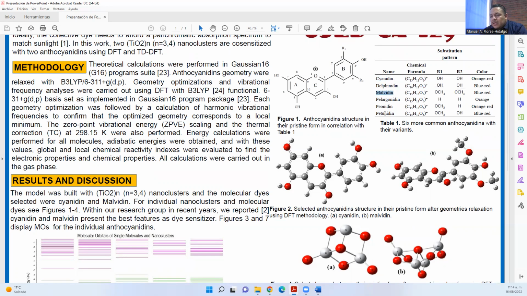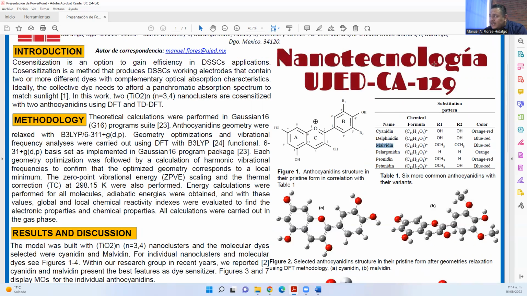We selected them because of prior work that we did in our research group, which is registered in the Public Education Secretary here in Mexico, and is UGED CA 129 nanotechnology.